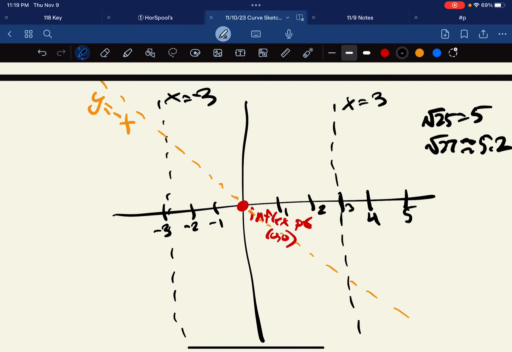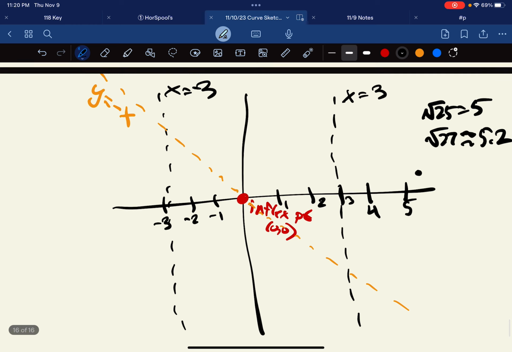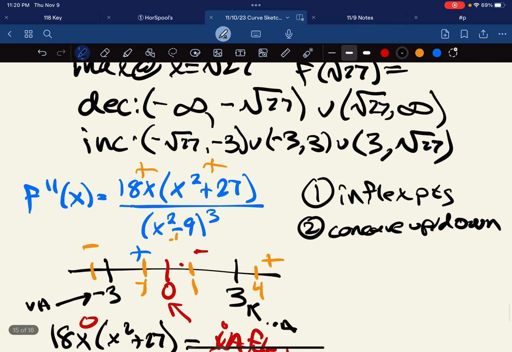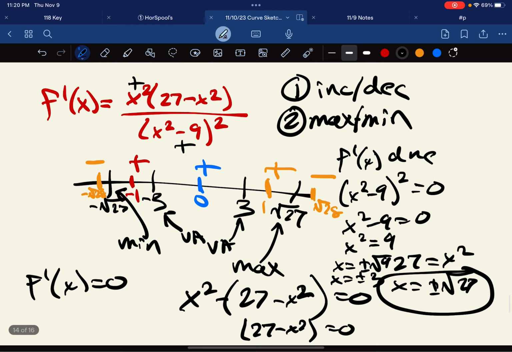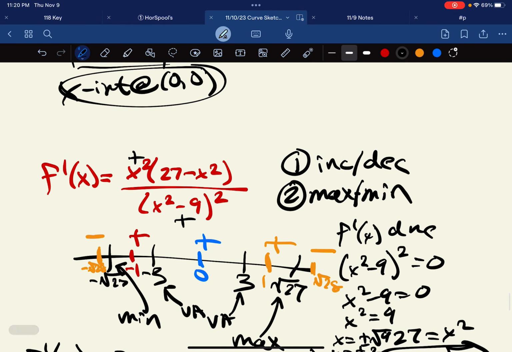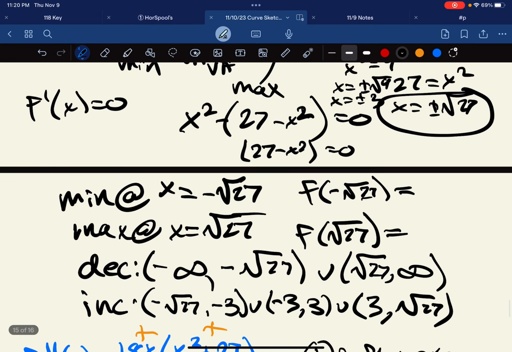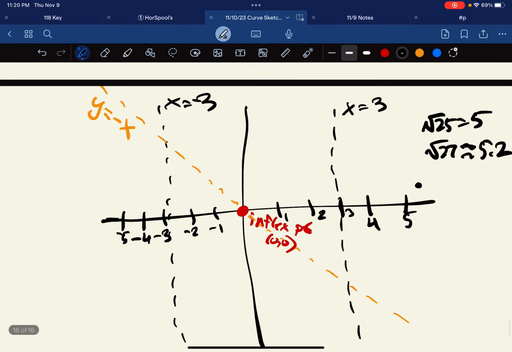I'm just going to assume it's something like this. So then, same thing for negative square root 27, but that's going to be a min, right? So we'll put that one down like here.